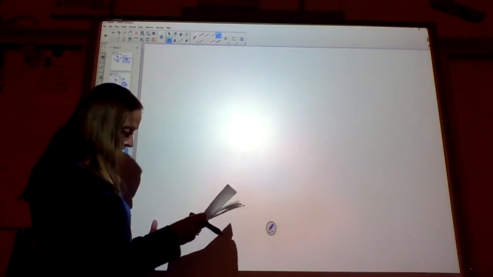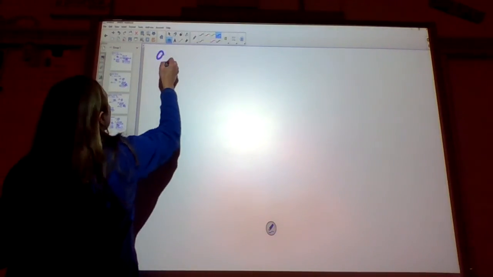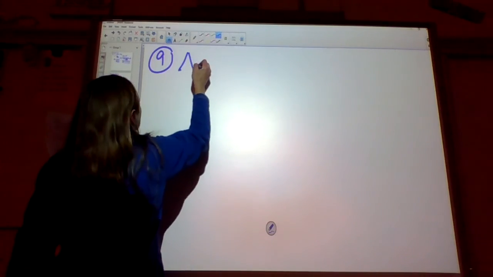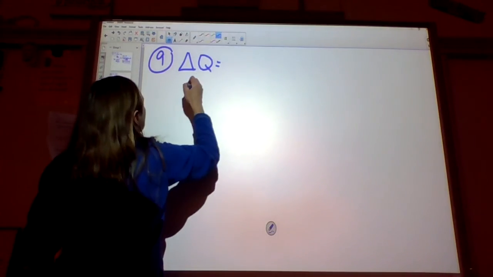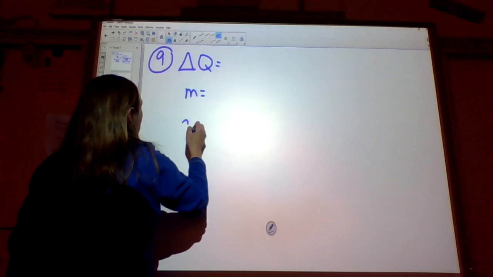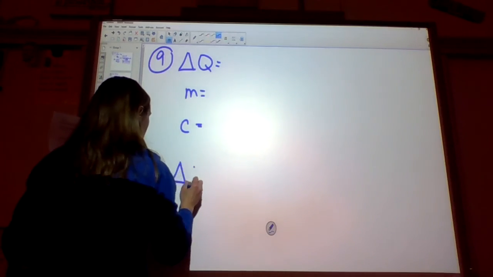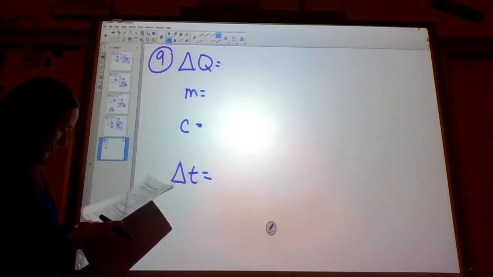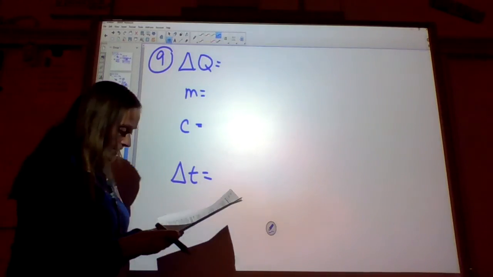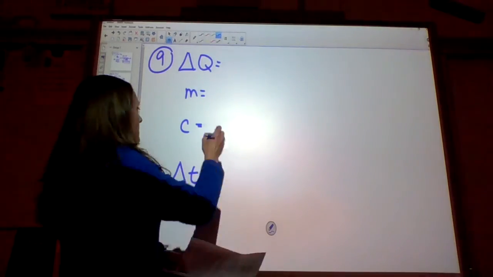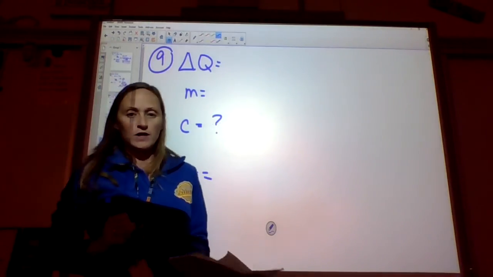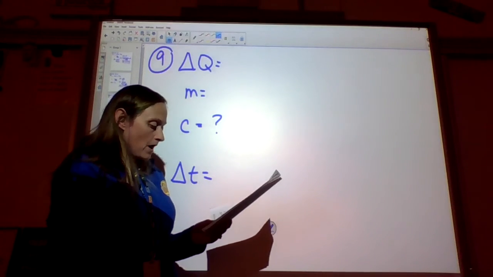Let's take a look at number 9. Make your list. So your delta Q, it says, what is the specific heat? So we're going to just put a question mark here. Of lead.